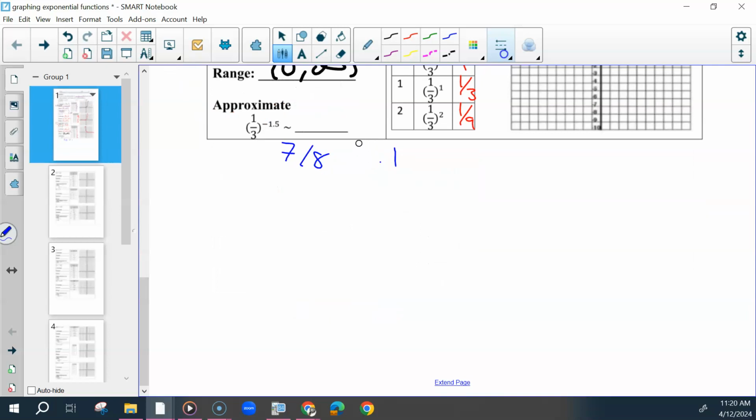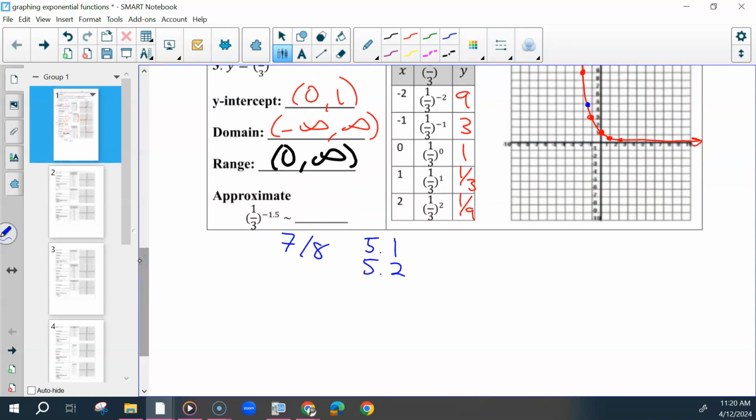Anyone else want to take a guess before we find the actual? 5.2. That's great. 7.1. I'm going to go with 5.2. Is that what it actually was? And we don't have to do this each time. You could just find it. It's just fun to see if you could try to figure out, guess between the table, the graph, could you guess what the actual number is?